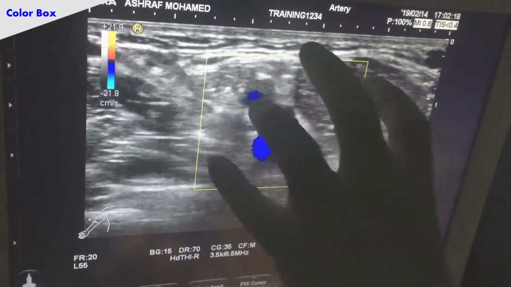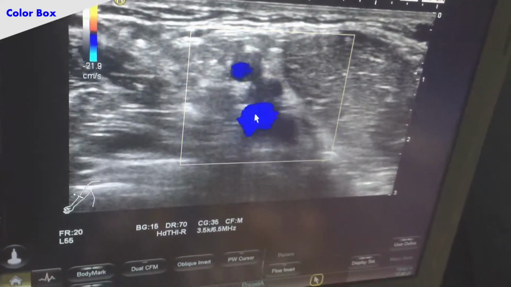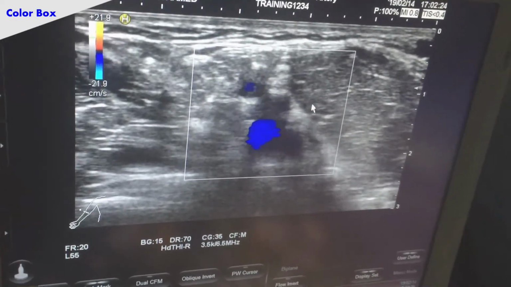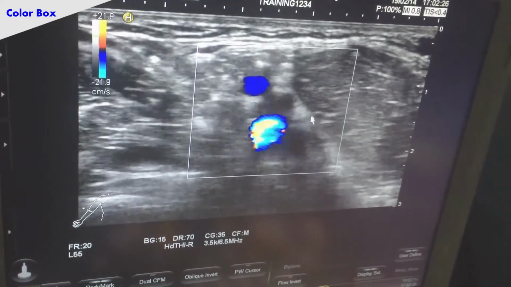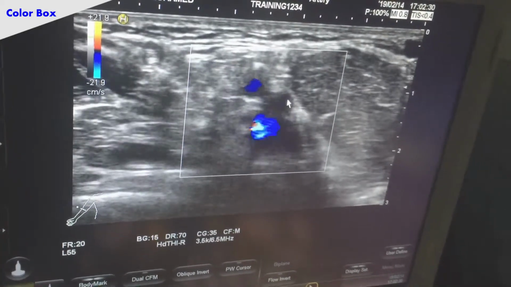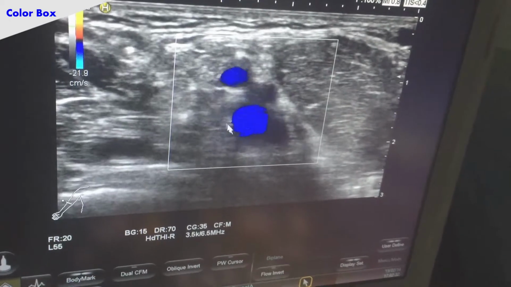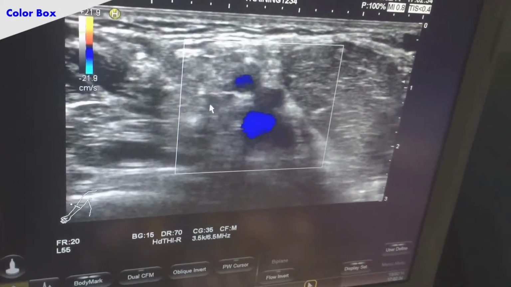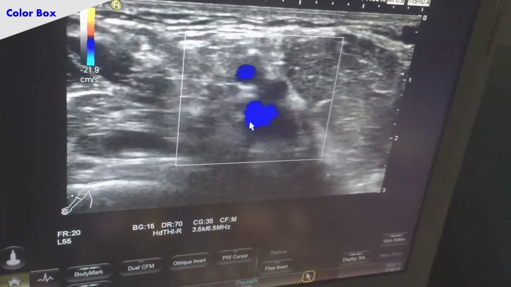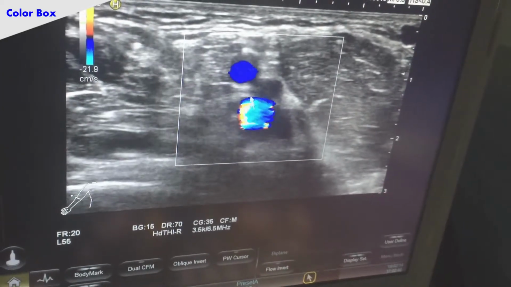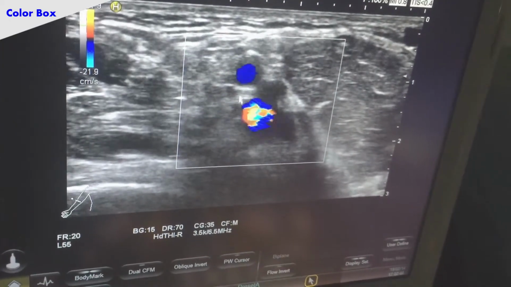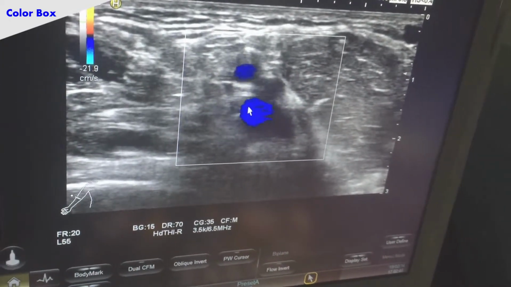When you apply the color box here, that means you apply the physics of Doppler at all of these points of that box. If you need to test or examine any moving particle inside this color box, you should do what? You should make an angle. Why are these arteries appearing? Because these arteries make an angle with the probe.